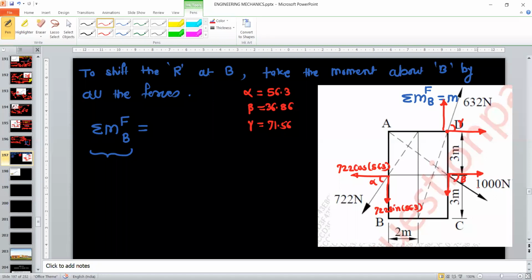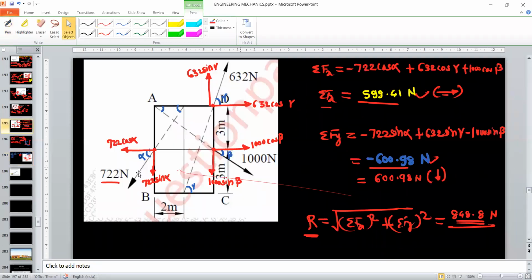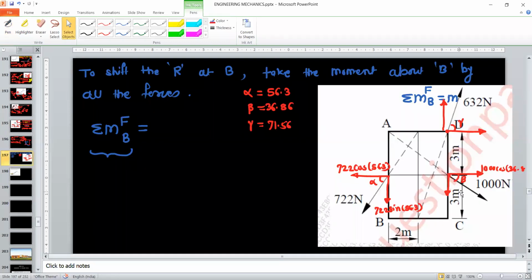When you resolve 1000, the angle is beta, so its x component is 1000 cos 36.86 and its y component is 1000 sin 36.86.